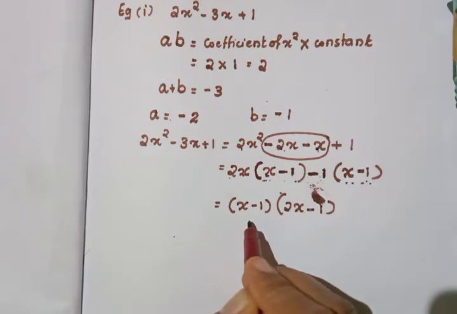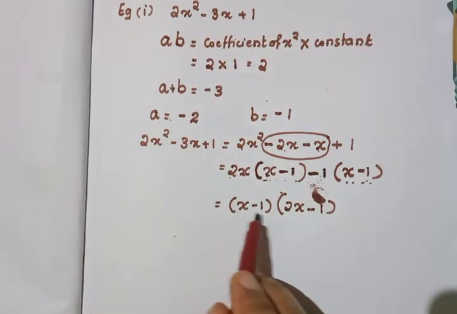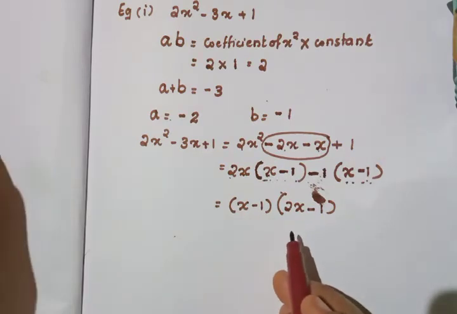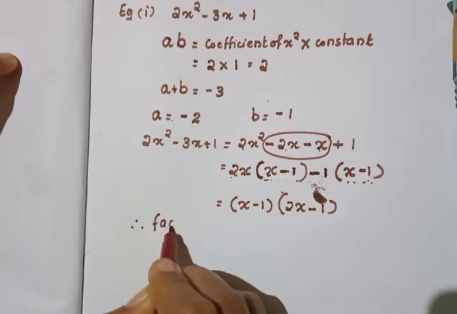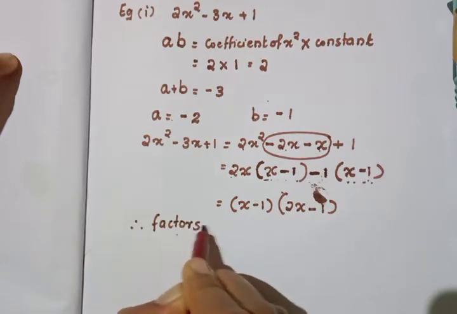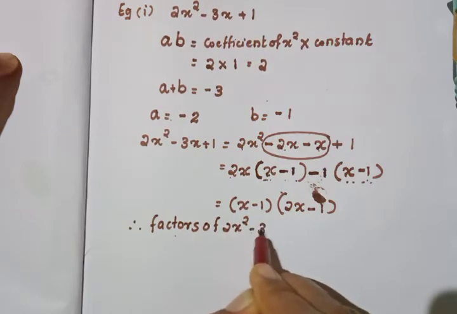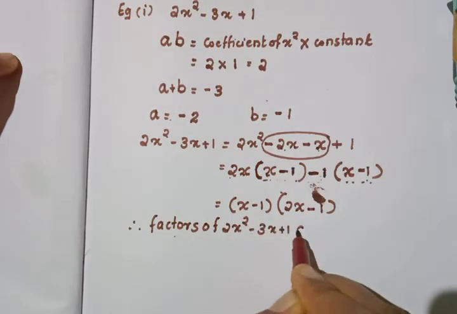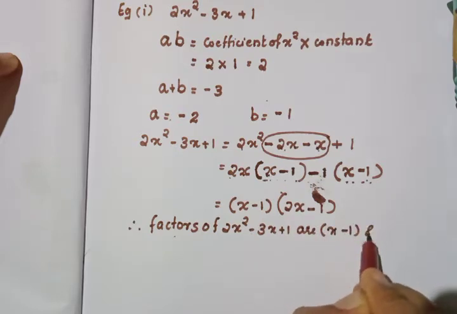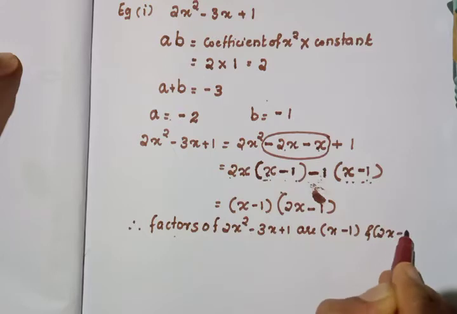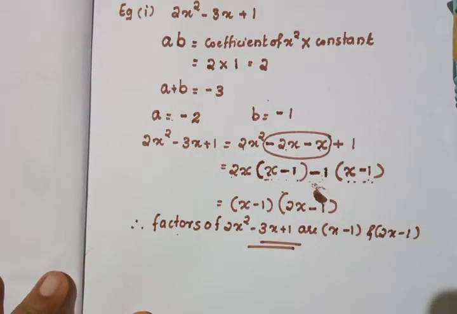So you got the two factors of 2x square minus 3x plus 1 as x minus 1 and 2x minus 1. Therefore the factors of 2x square minus 3x plus 1 are x minus 1 and 2x minus 1. Clear? So actually we are doing the factorization here.